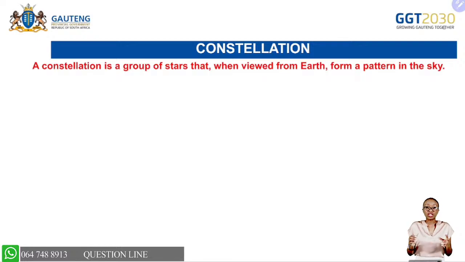Remember, our Milky Way galaxy is made largely of stars, gas, and dust. So when the stars form a pattern up in the sky, we call it a constellation.